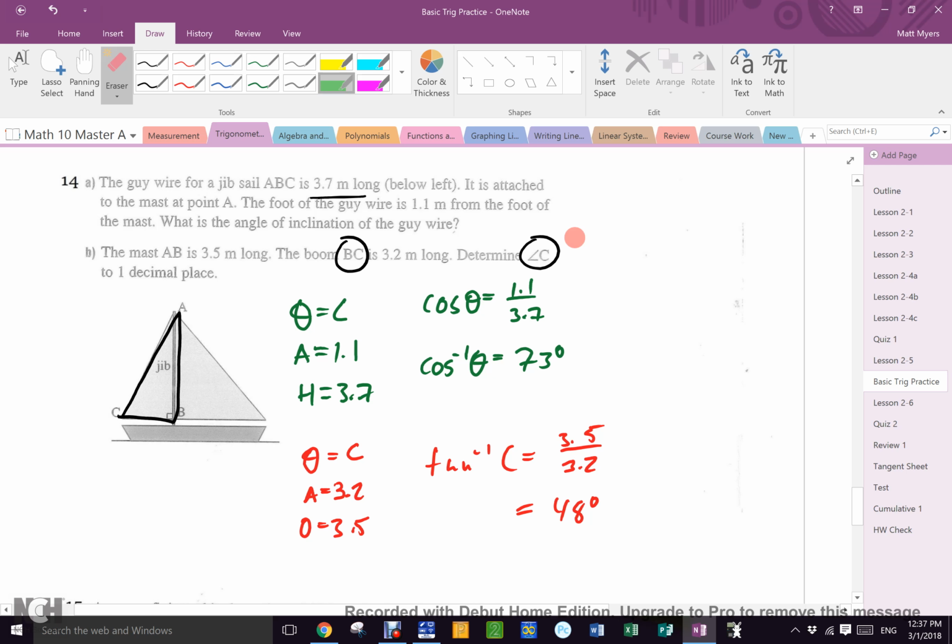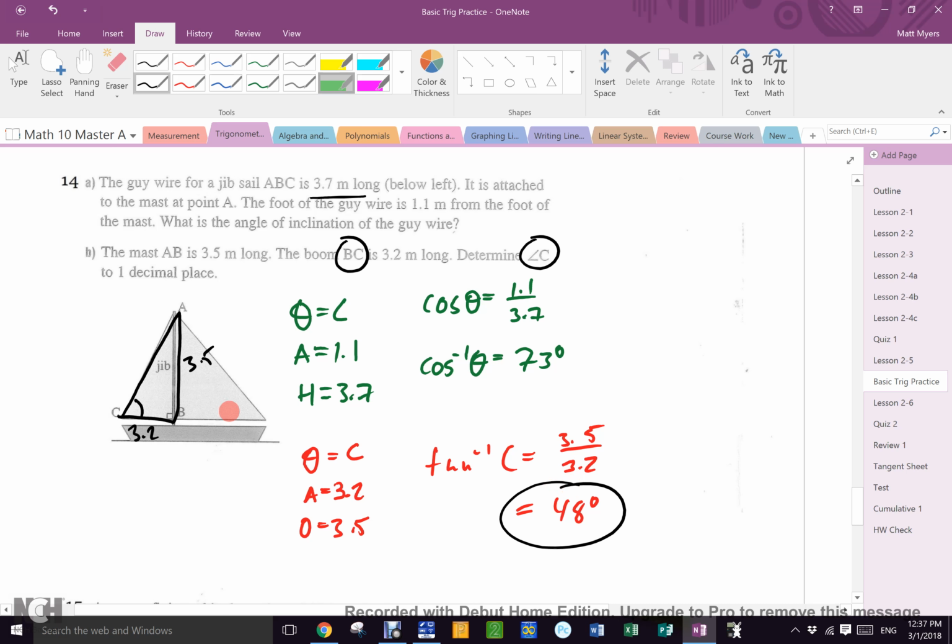B to C is 3.2, and the mast is 3.5. So I still need angle C, opposite over adjacent. That time it's tan, and you got 48.